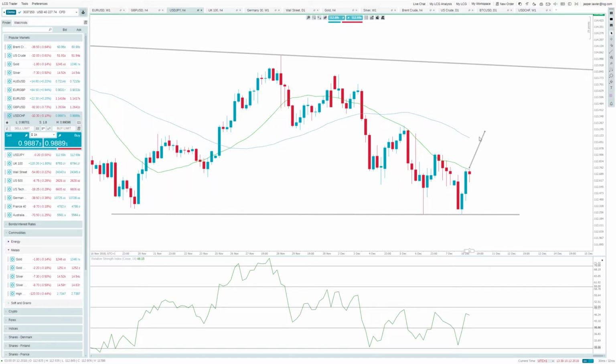Maybe we push a little bit higher first, potentially to this resistance area up here, or one of these highs gets respected, then they sell off.